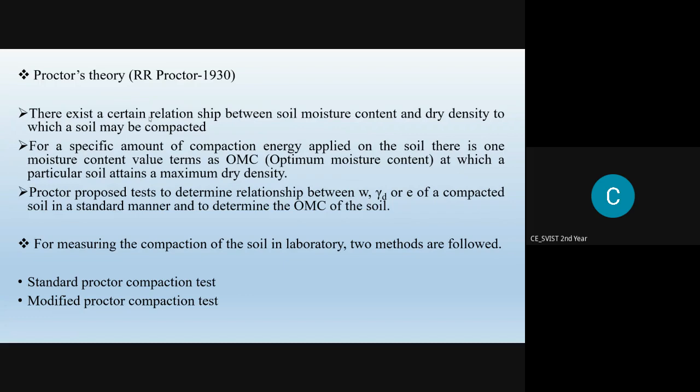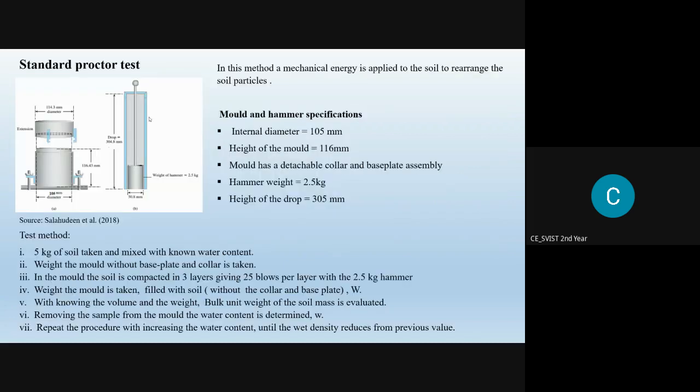For that there are two theories, and from those theories there are some tests conducted in the laboratory. Two types of tests are there: the standard Proctor test and the modified Proctor test. We will now discuss the standard Proctor test, because it is generally done in the field.